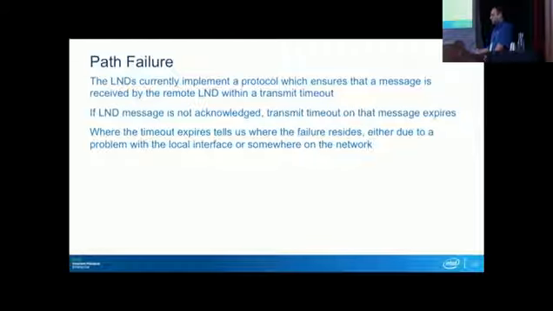When an LND message is sent, there is a transmit timeout associated with it. And if that transmit timeout expires, depending on where it expires, we're able to determine whether there was a problem locally or remotely.